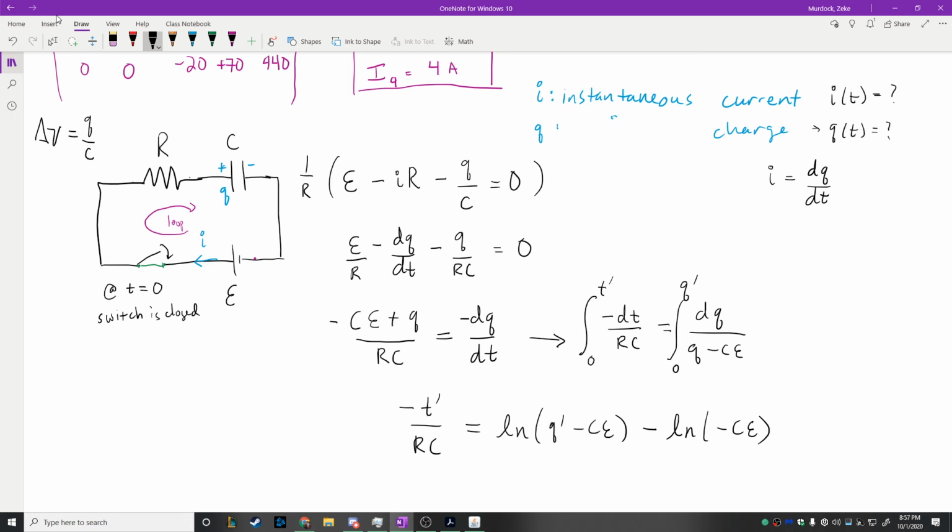Isn't that how it works? So what we're left with then on the right-hand side now is going to be the natural log. We can make a ratio now of q prime minus ce divided by ce, and that's equal to negative t over rc.